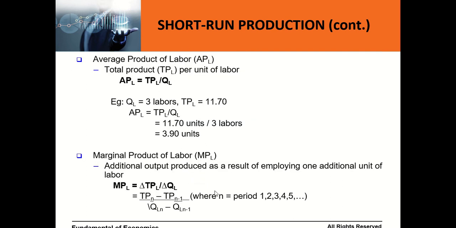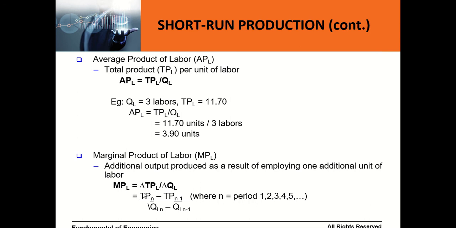How about the marginal product? Marginal product simply measures the change in output as a result of an additional 1 unit change in labor, or the variable input. In our case, labor is the variable input. So the formula is MPL equal to change in TP, total product, the Q just now, divided by change in QL, or change in L. You need to specify the change in TP.